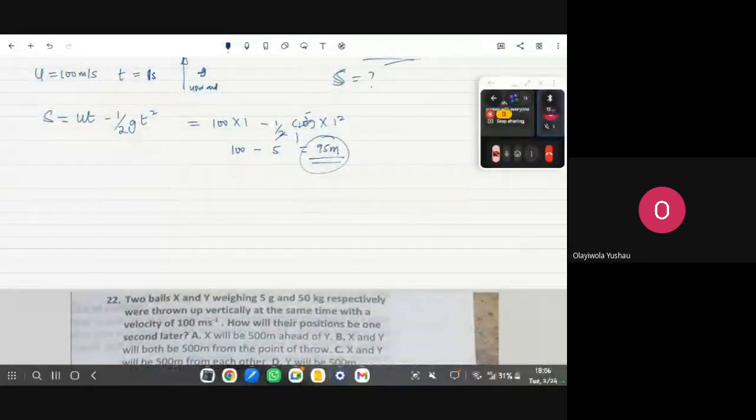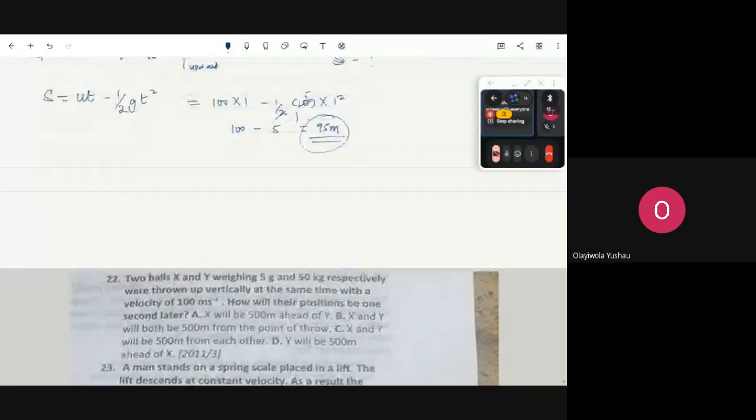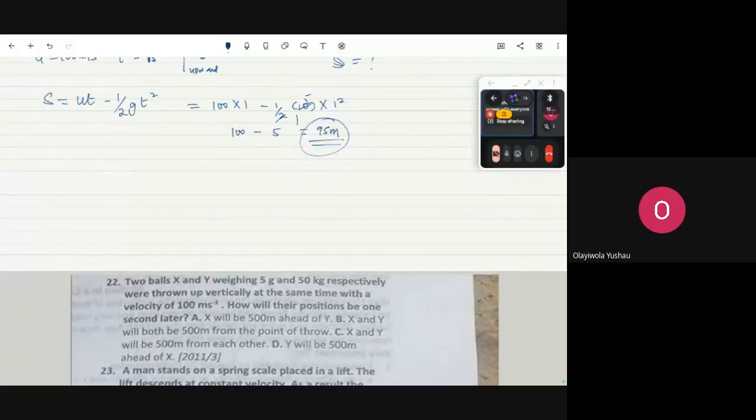Now, for this question, we are not even supposed to solve anything. This question wants to test our understanding of whether mass is going to affect the rate at which something goes up or comes down. One of the things that Newton made us realize was that if you release objects at the same time, no matter how big or small they are, they have different masses.